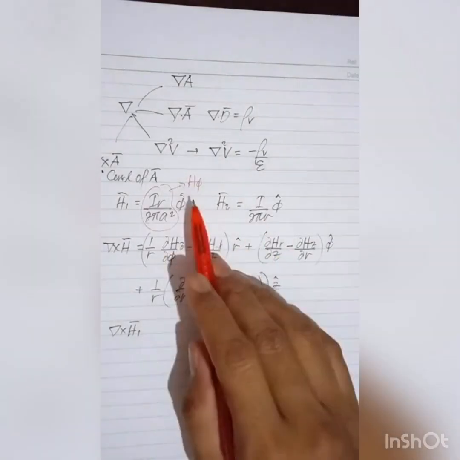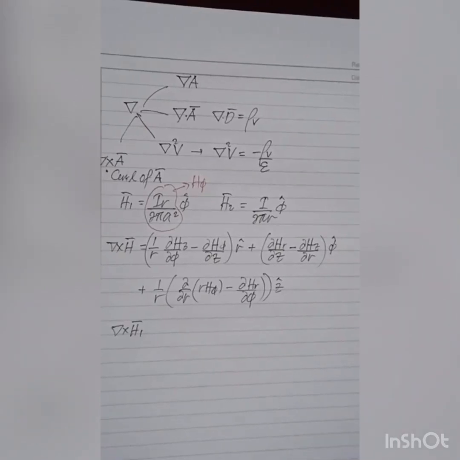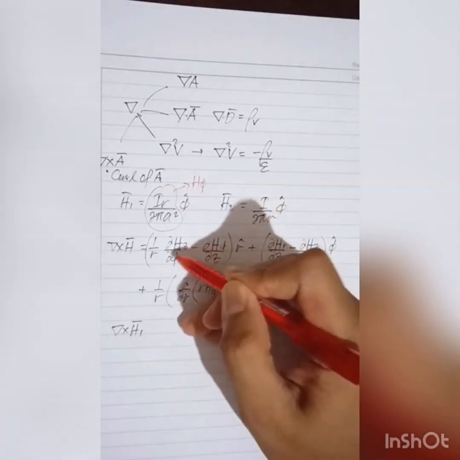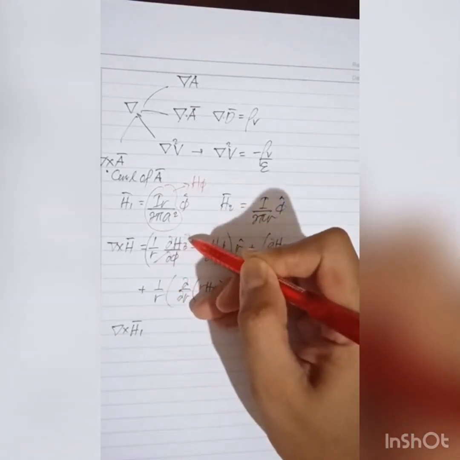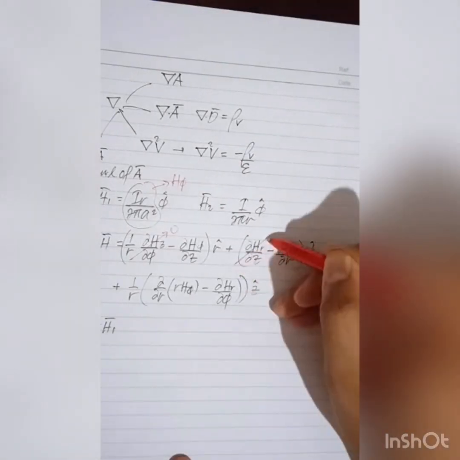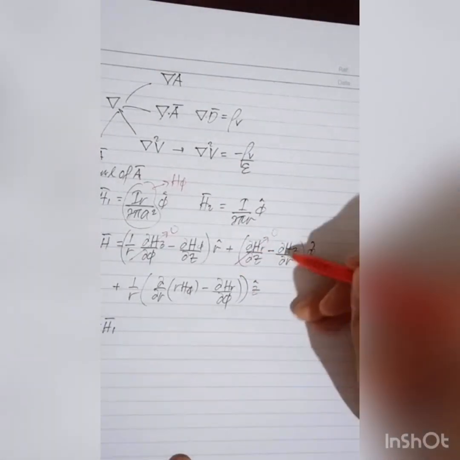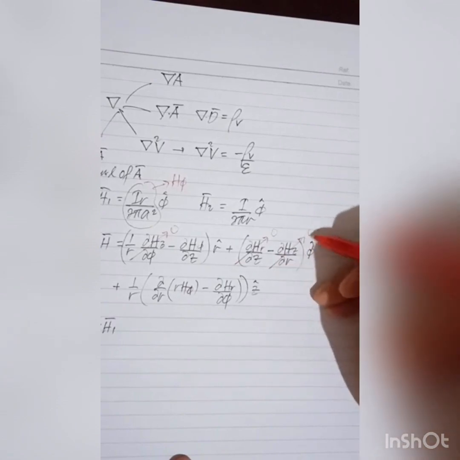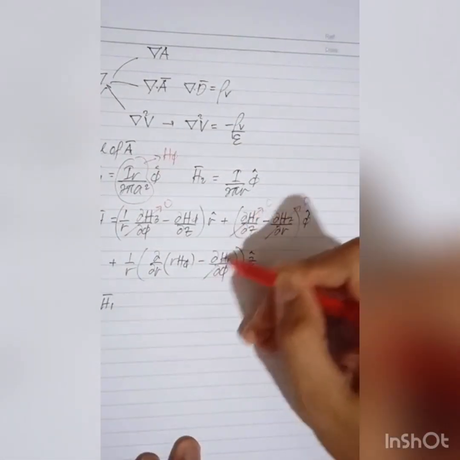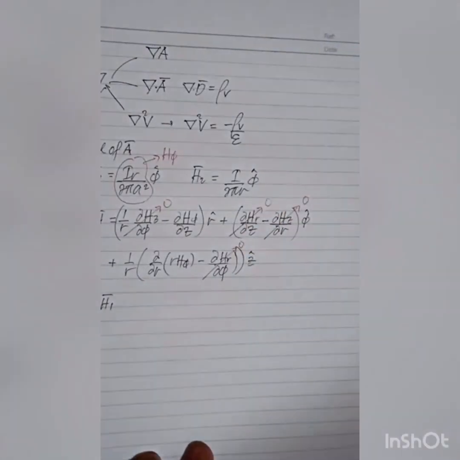We don't have any H in other components. We also don't have any H in the z component, so we can simply ignore this term because we don't have any Hz. We also don't have any Hr. This one also will be 0 because we don't have any z component. Same thing goes down here. We also don't have any r component, isn't it?